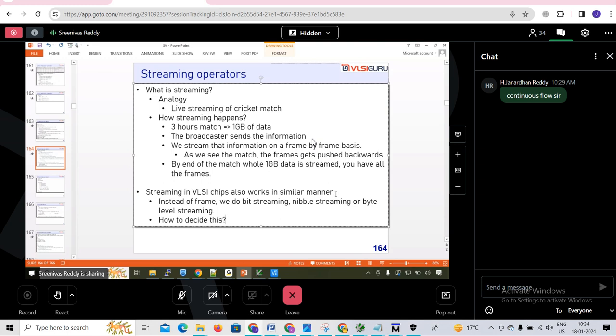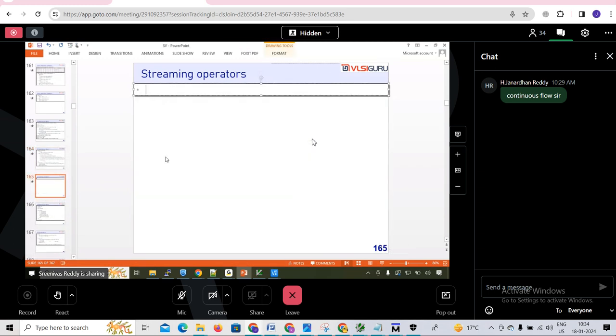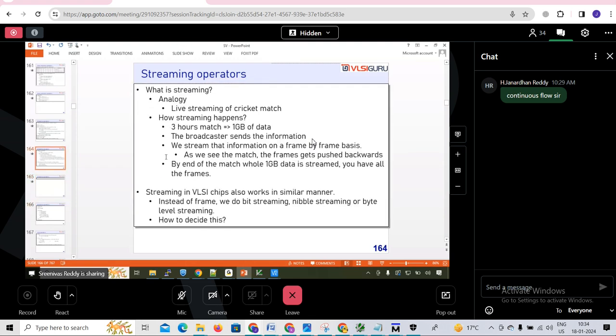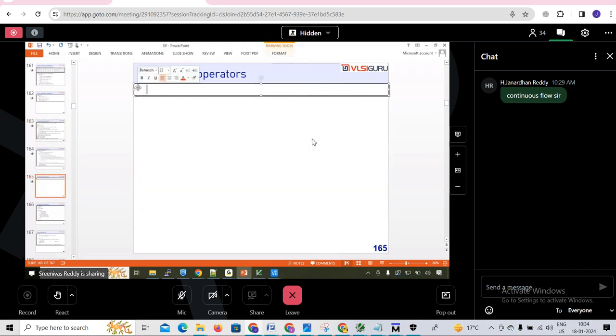So for that, let's take one example. We have a laptop with an Ethernet port.